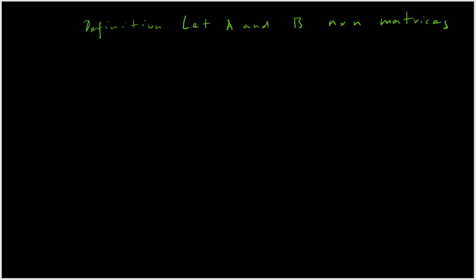I give you the condition. You are given two square matrices. I mentioned the term last time. If a matrix has the same number of rows and the same number of columns, then the matrix is called a square matrix.